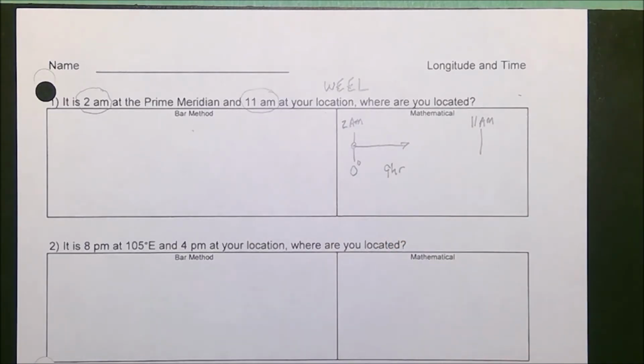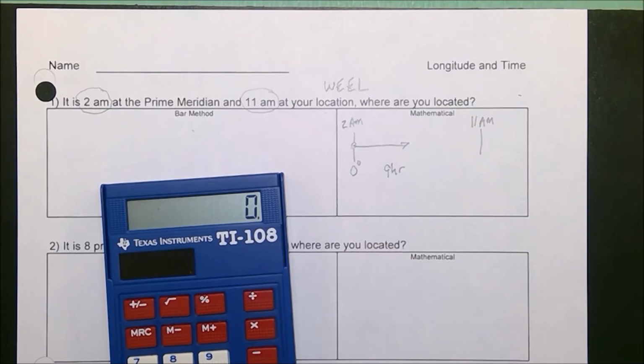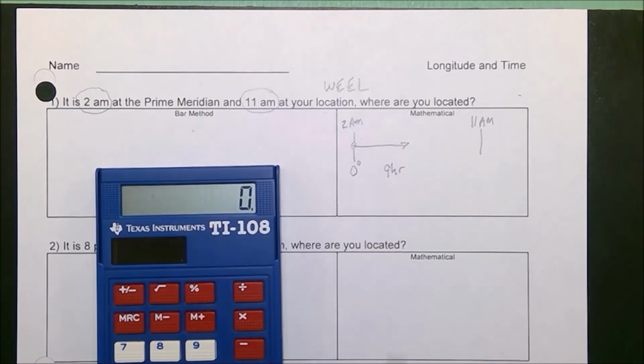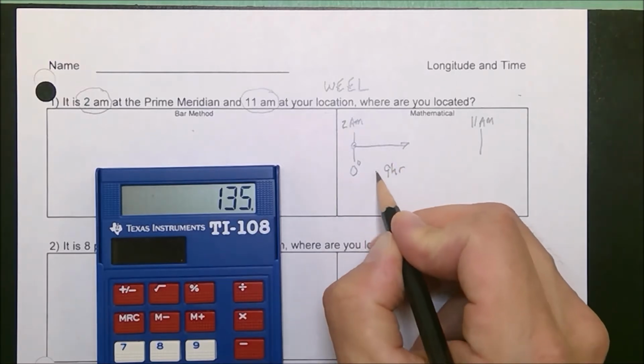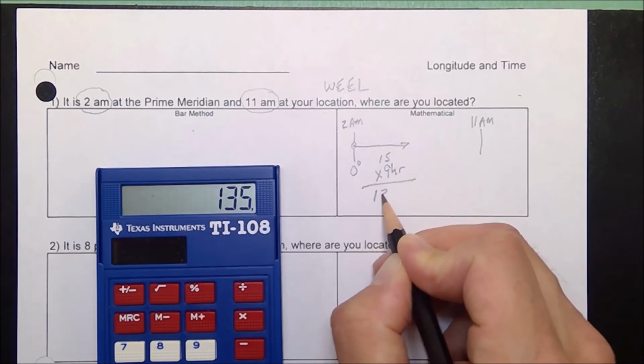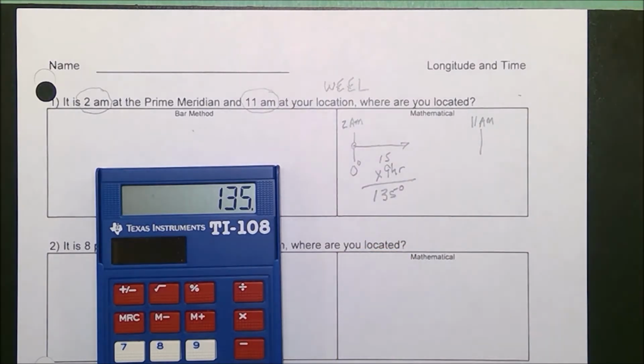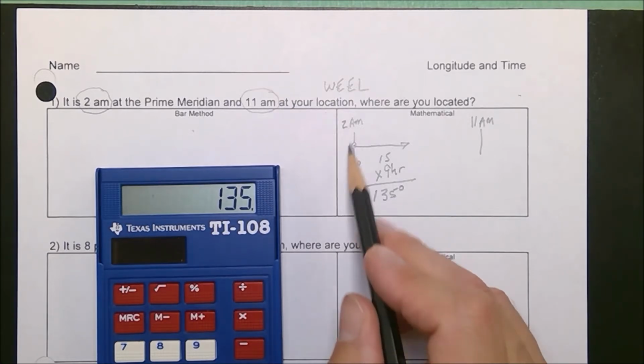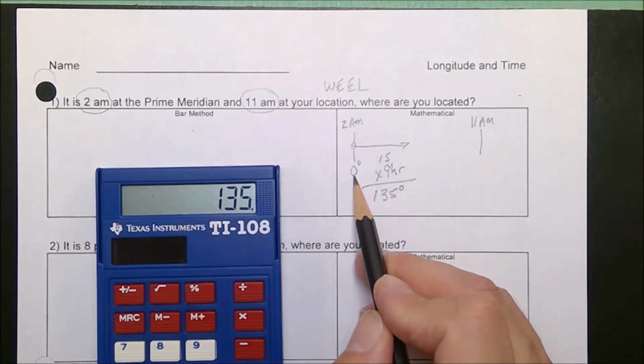Okay, you know that the Earth rotates 15 degrees per hour. So if I do 15 times 9, I'm going to move 135 degrees to the east. This is easy. You're starting at the prime meridian.